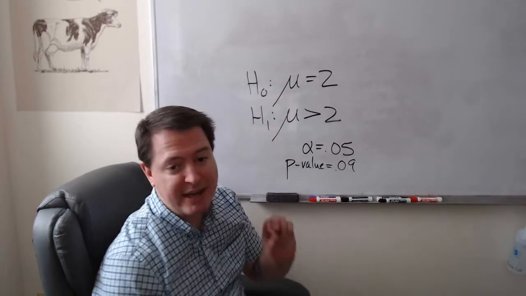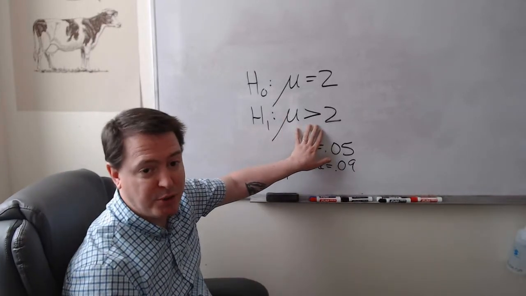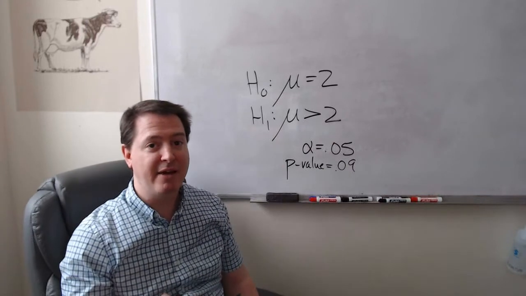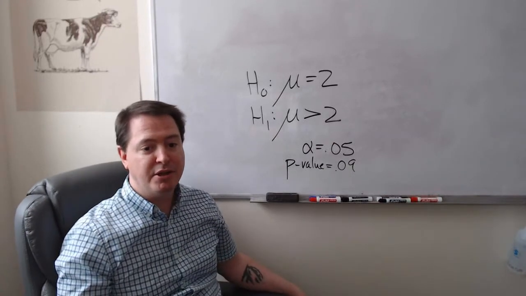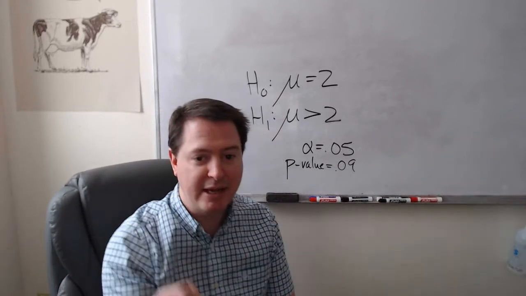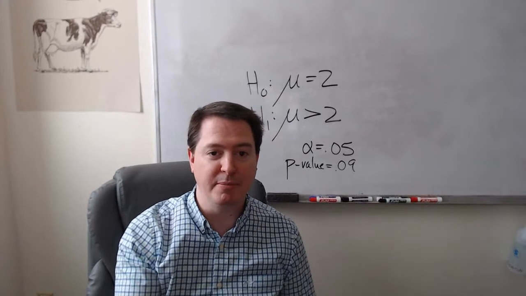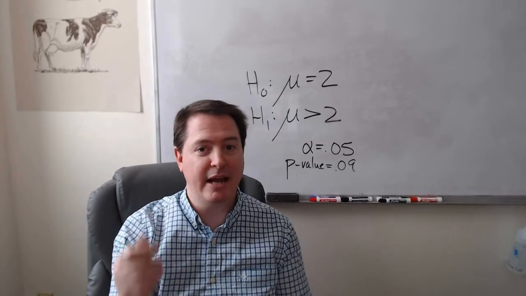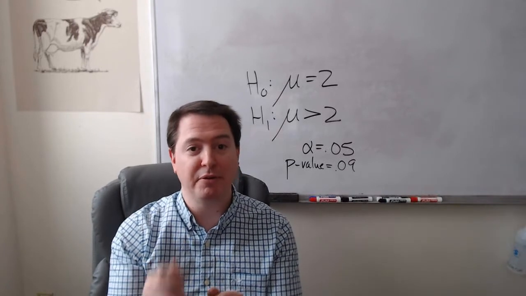So even though my sample mean made it seem like this might be true, I actually don't have enough evidence to say that couldn't have just happened by random chance. This goes back to an intuitive basic idea that if I flip a coin 100 times, since there's a 50-50 chance of getting heads, I can expect to get around 50.